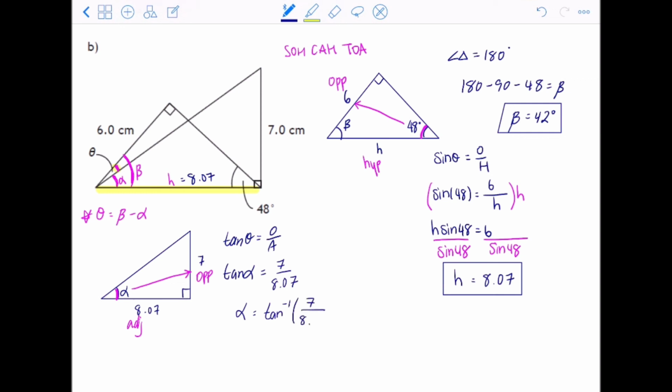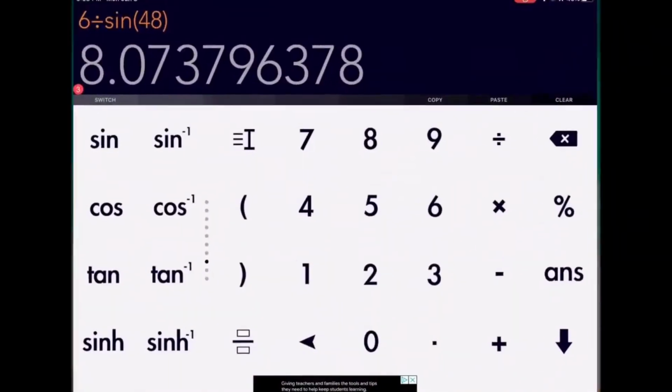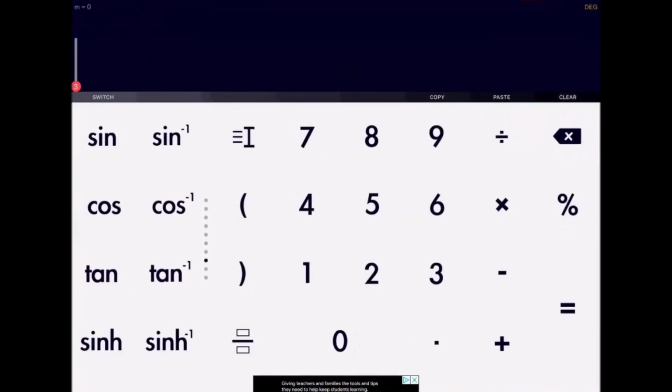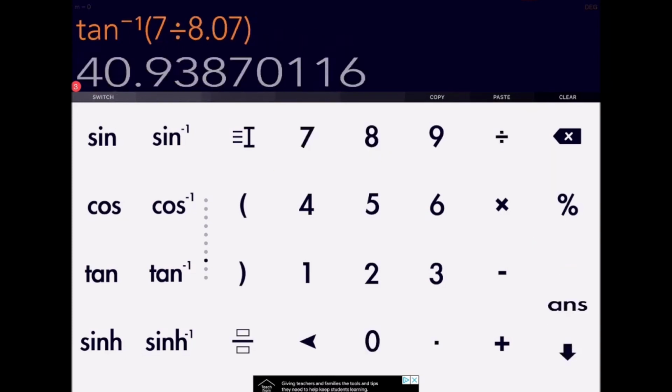Sometimes your calculator has arctan on it, same thing. So inverse tan of 7 divided by 8.07.